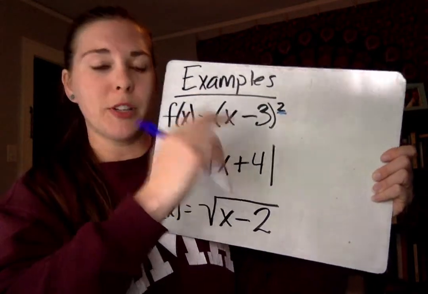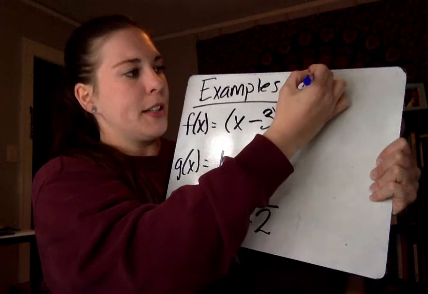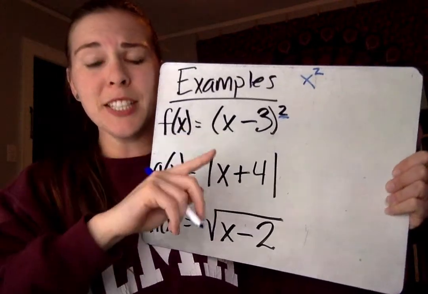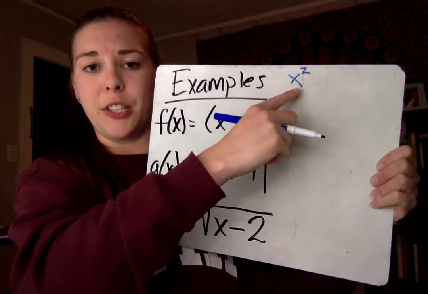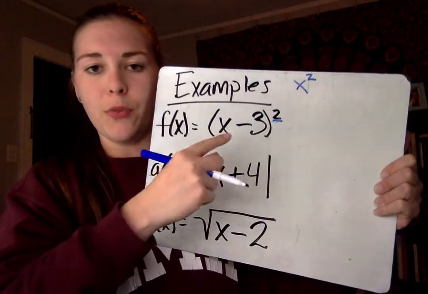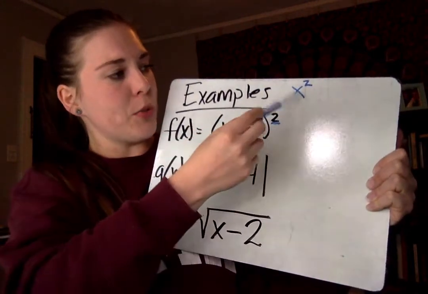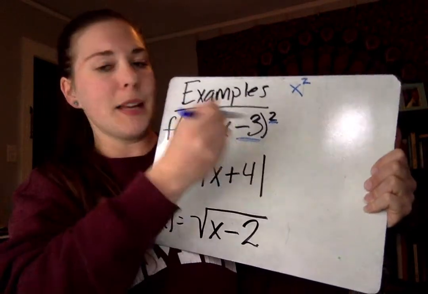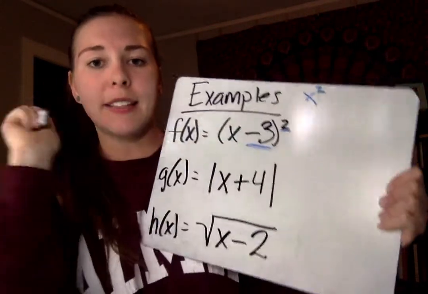Okay, so our original parent function, I'll just write it up here, is x squared. And you're going to ask yourself, what have I changed from here to here? Hopefully you guys can see that I don't just have an x squared anymore. I have this minus 3 inside parentheses. And guess what?